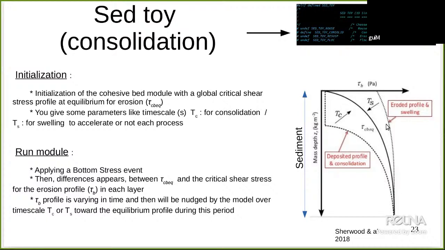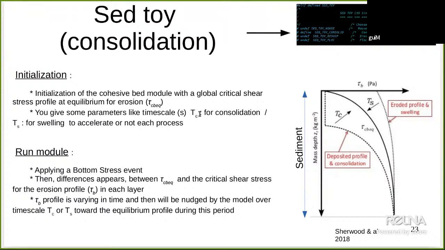In this scheme, as you already see, we have an initialization by the cohesive bed module with a global critical shear stress at equilibrium. And you give some parameters, time scale for consolidation or for swelling. This is to accelerate or not each process.